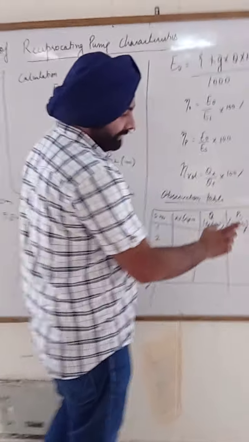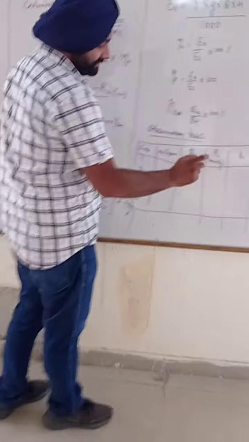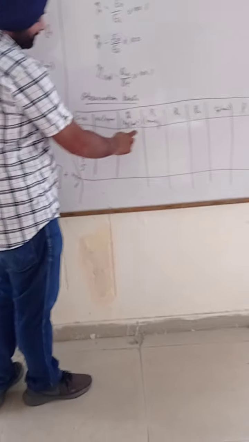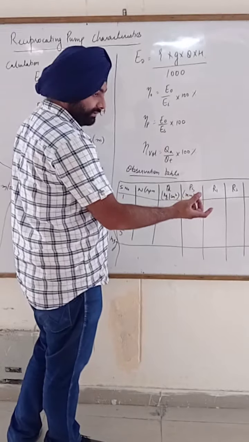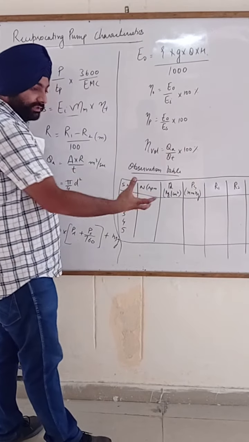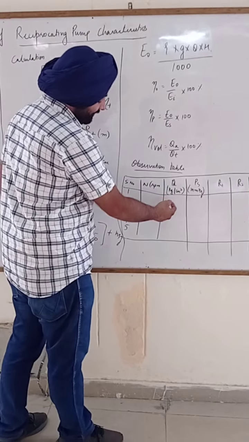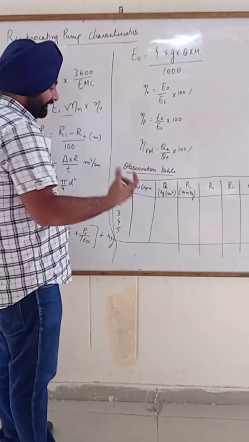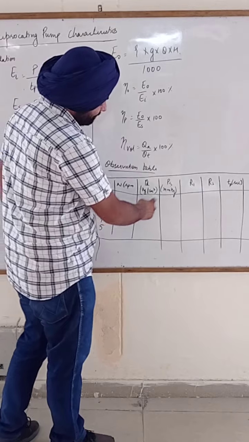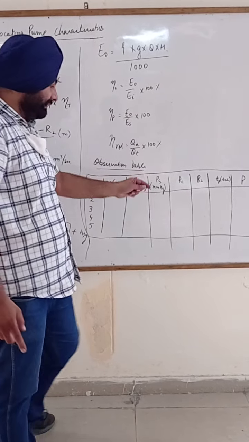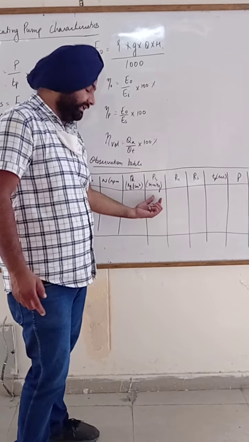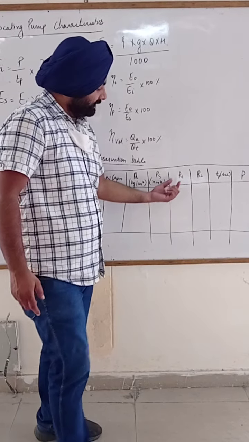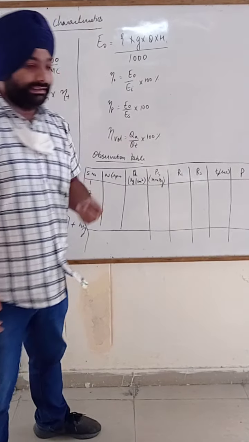Then you need to measure the pressure displayed on the suction side, and the pressure on the delivery side. PD stands for the pressure on the delivery side. Whatever pressure is shown on the gauge that we have provided here, and the pressure on the suction side, the gauge readings will be written as R1 and R2. I am going to show what R1 and R2 are.